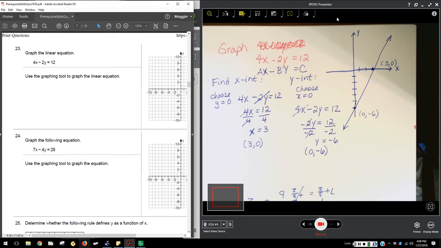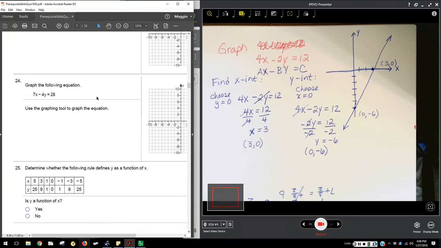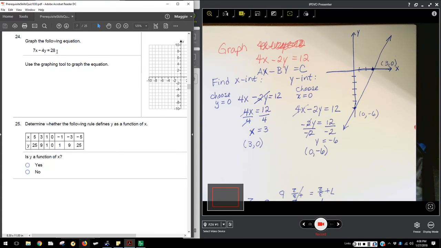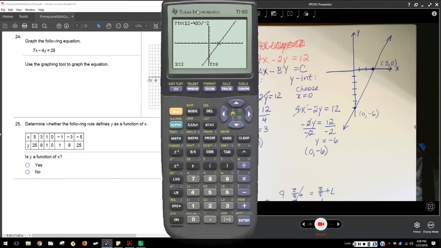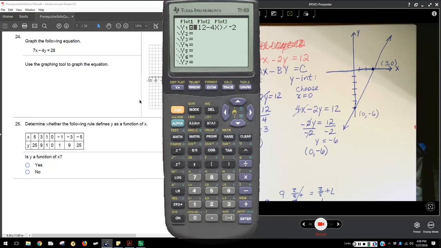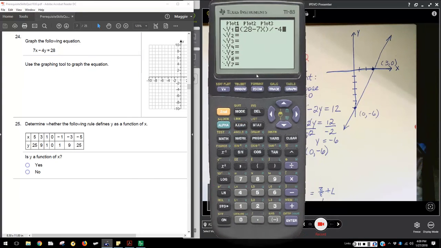So without going through this again, even though you can, I'm going to use that method and graph the equation 7x minus 4y equals 28. So I'm going to go back here to my y equals menu, and I have 28 minus 7x, not 4x, and the number in front of the y this time is -4. And again, they're showing me the standard window.